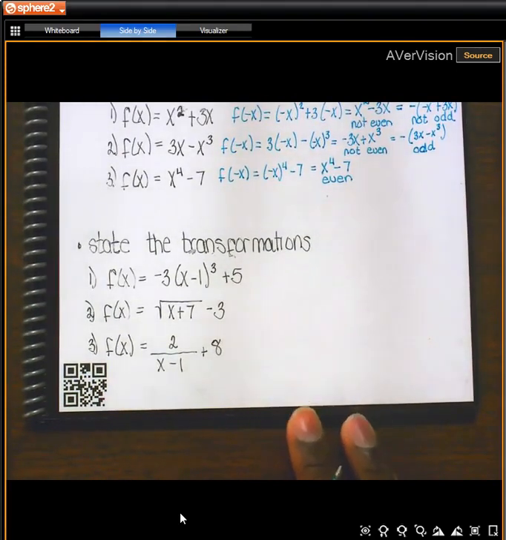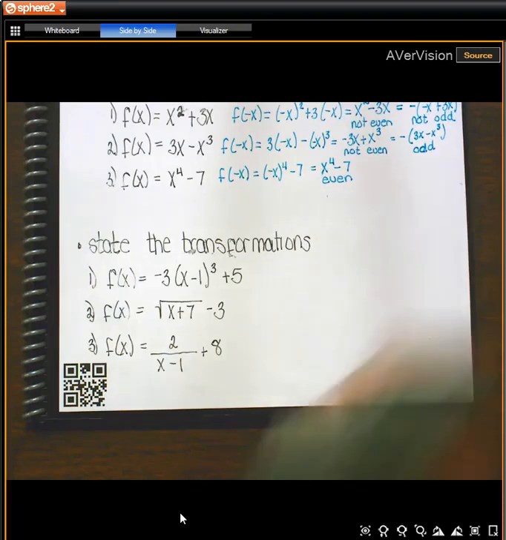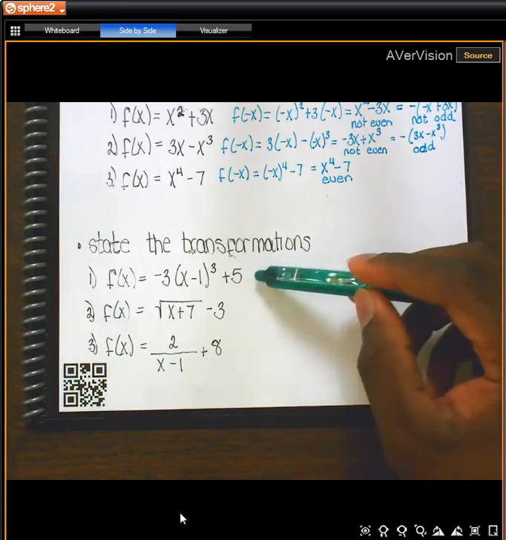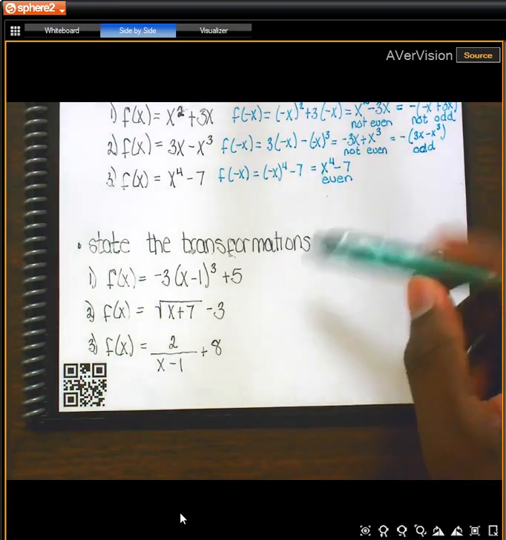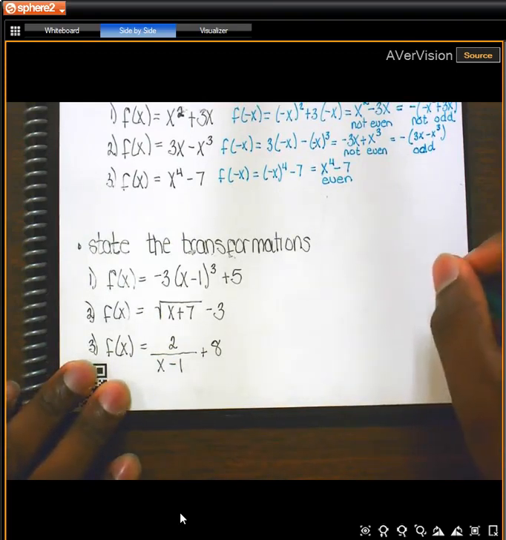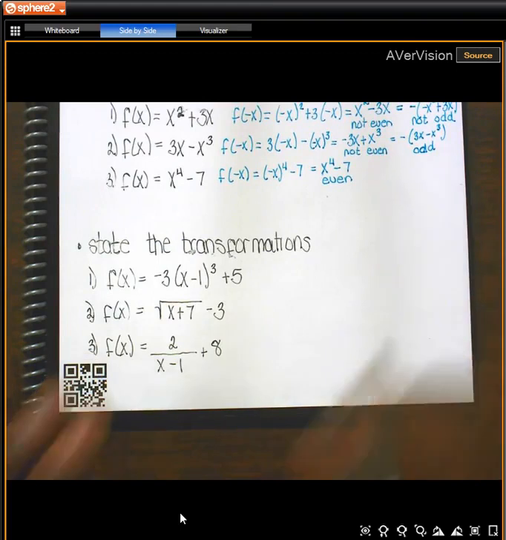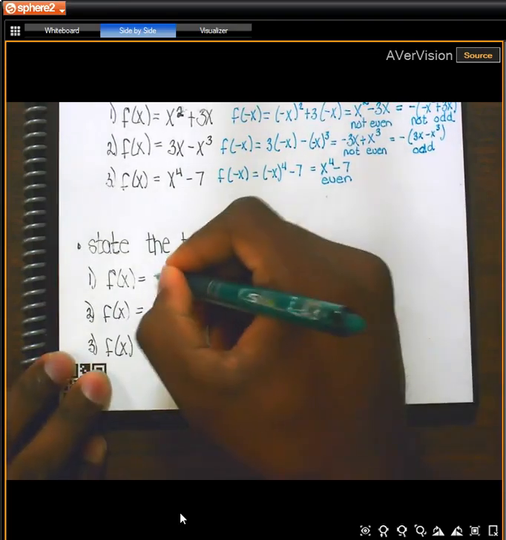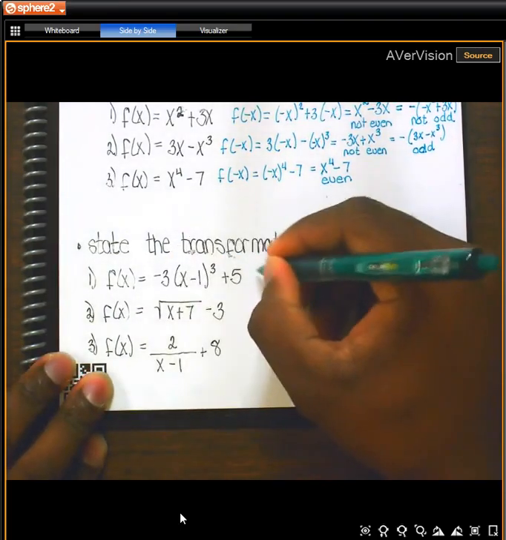All right, last thing is transformations. So can you tell me how this one was transformed from x cubed? Yeah, the negative over here tells us that it was reflected.